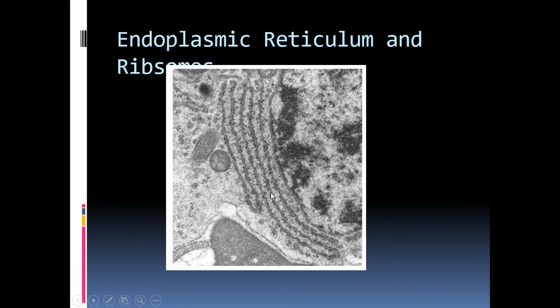And ribosomes, maybe you have learned before, are the site for protein synthesis, and you can find them attached to the rough endoplasmic reticulum, or they can also be found suspended freely in the cytoplasm. So there are two types of ribosomes, the one that is attached to the rough endoplasmic reticulum, or the one that is suspended freely in the cytoplasm.